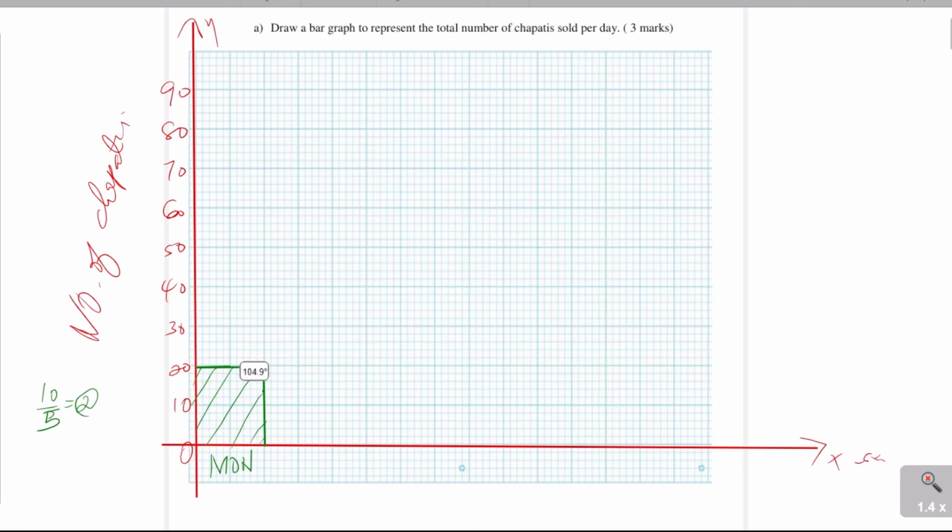For the bar graph, you can leave a space of just a centimeter. So 48 will be up to that point, since one small square represents 2. So that is 48.